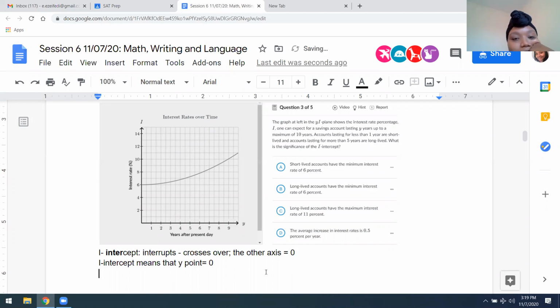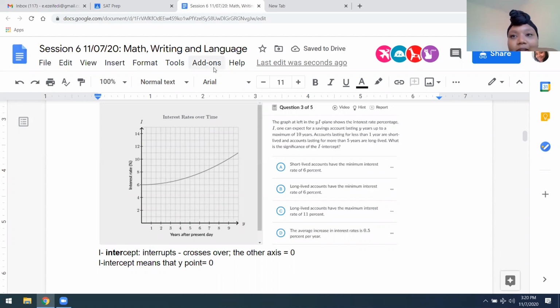Okay, so the question is asking us, what is the significance of the I-intercept? We've determined what the I-intercept is. The I-intercept is when the line that we're drawing, this line here, hits directly at I. In this case, what number is the I-intercept?